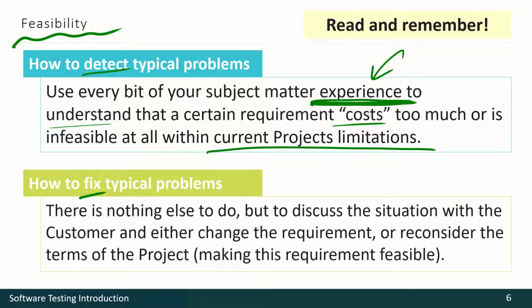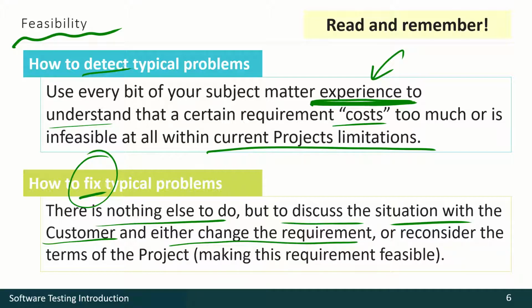If we personally do not have such experience, such expertise, we should refer to some experienced people for their advice. And how to fix such problems? Well, we should discuss the situation with the customer. There is almost nothing else to do. And either we change the requirement or we review the project, maybe making some changes to the budget, the schedule, project borders, and so on.